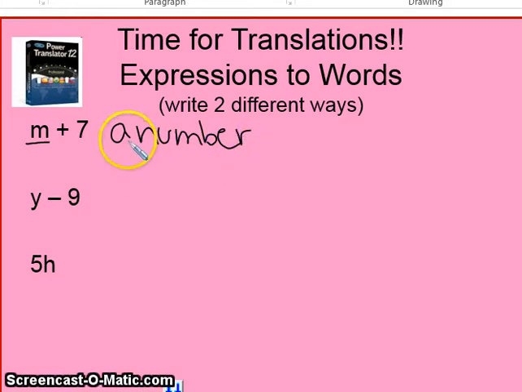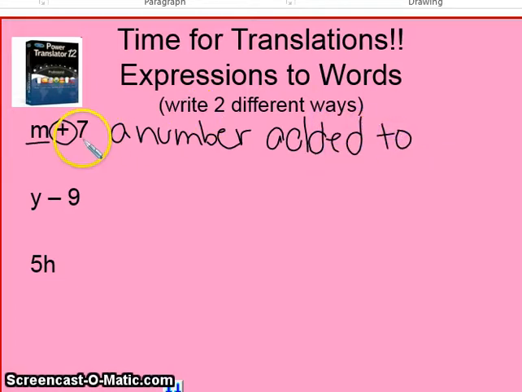Then we have a symbol. We have addition. So we want to choose one of those words that means addition to put between m and 7. So we can say a number possibly added to, and then finally, that last number that we have, 7. So we could say a number added to 7.